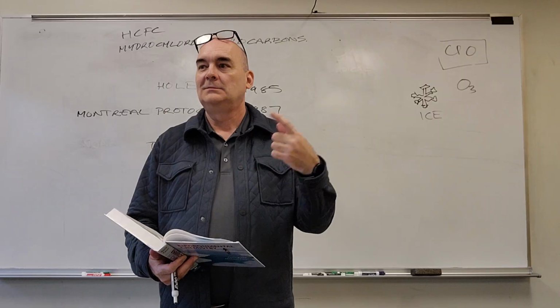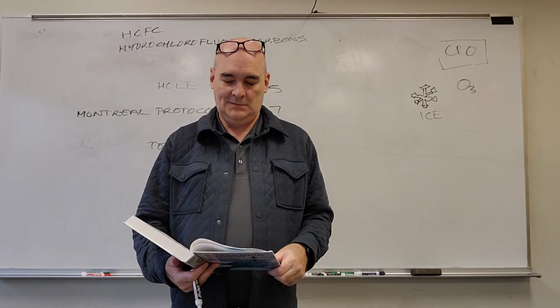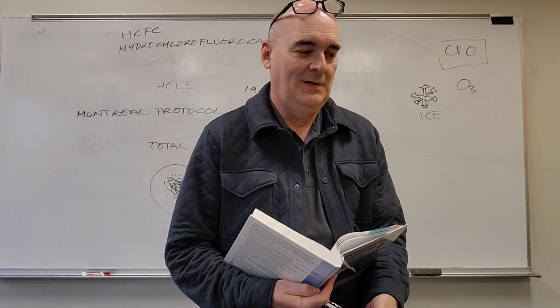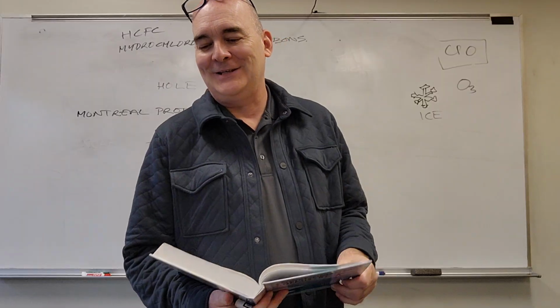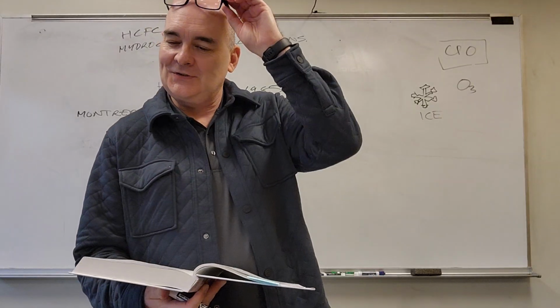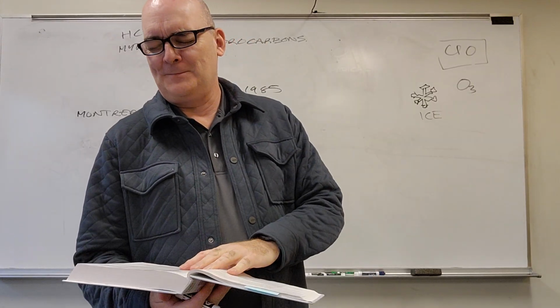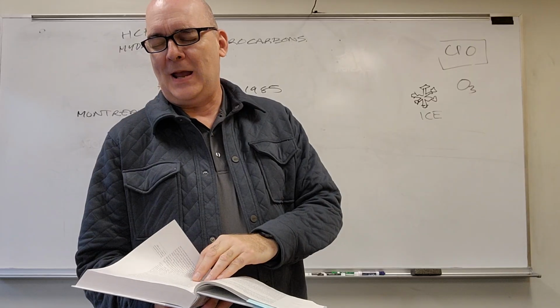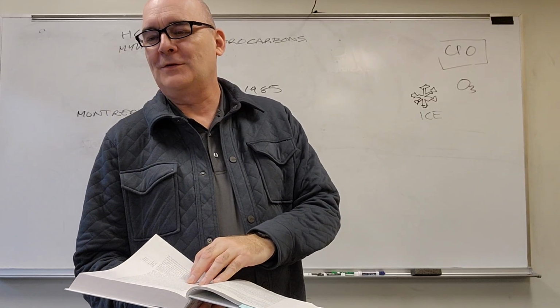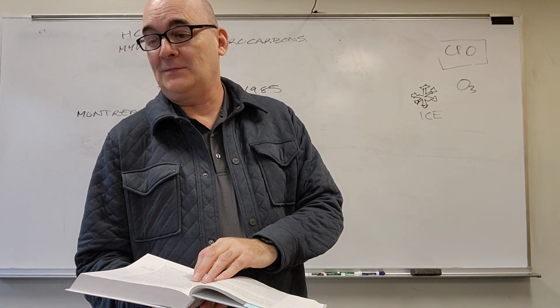So we have to wait. Now there's bad news coming in a later chapter when we talk about greenhouse gases and the amount of those gases that are going into the sky.